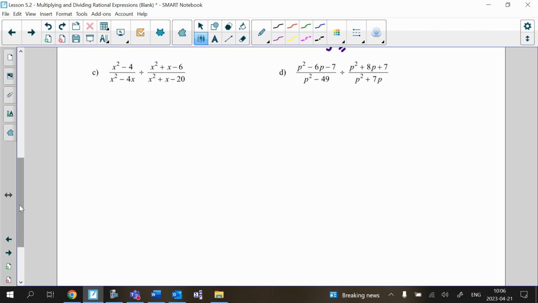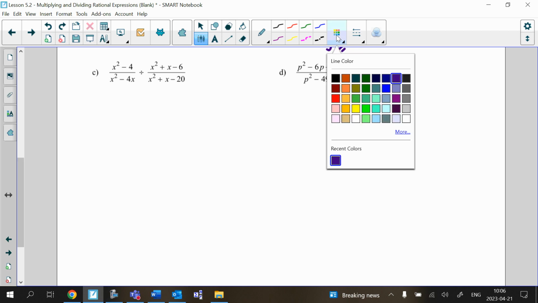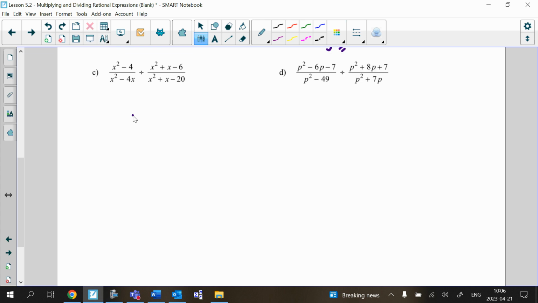The first numerator is a difference of squares, x plus 2, x minus 2. The first denominator is a GCF. I can take out x and be left with x minus 4. And the next numerator and denominator are both trinomials.